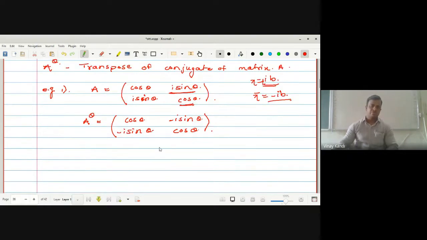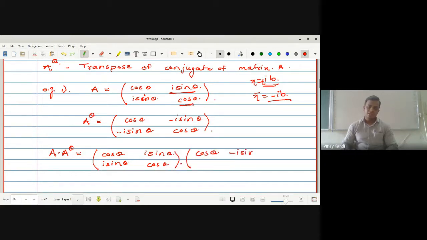Now do the product of A into A theta. A into A theta is equal to cos theta, I sin theta, I sin theta, cos theta, multiplied by cos theta, minus I sin theta, minus I sin theta, cos theta.